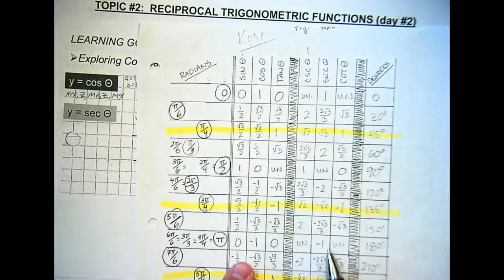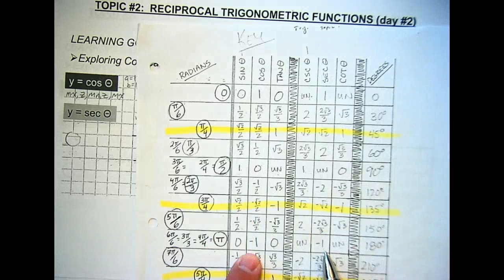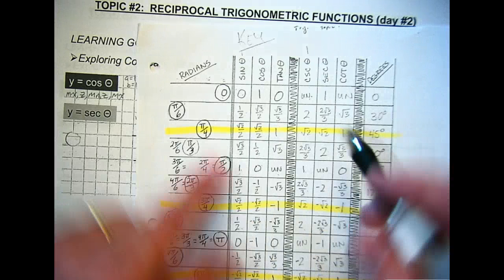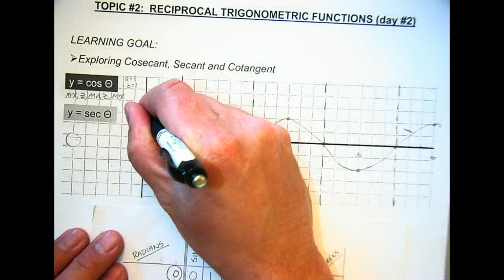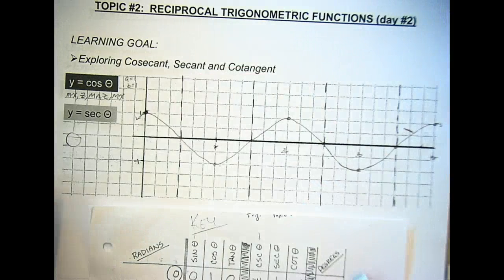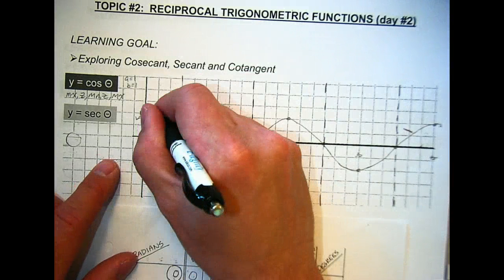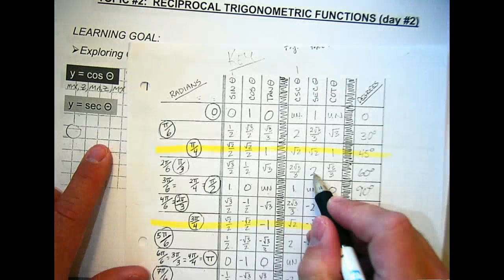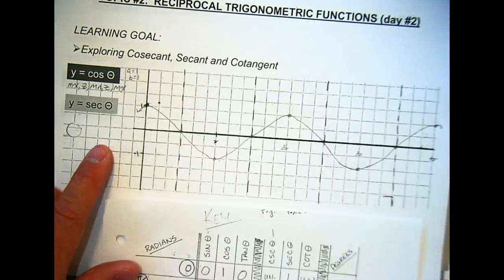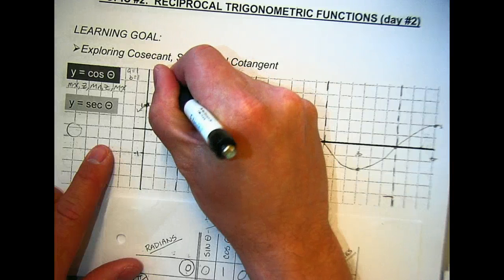When cosine equals -1, secant equals -1. They share those points. If we follow down here, we got our 1, and then we have our 2 root 3 over 3, which everyone knows as 1.2, and then we have our 2. So we kind of get this half curve here.